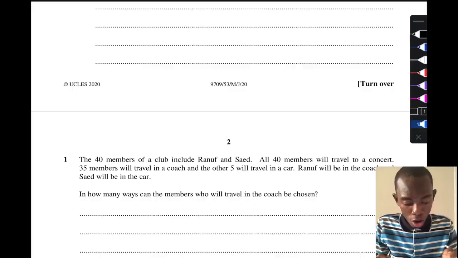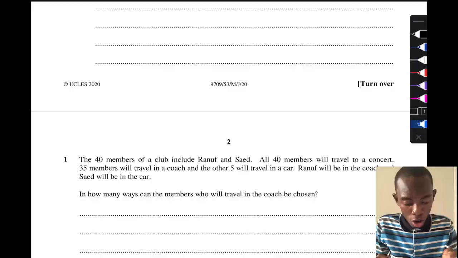Now we know that the success is 1/3, so the failure is 2 over 3. So we have 2 over 3 squared times 1 over 3, plus 2 over 3 to the third power times 1 over 3. Finally, 2 over 3 to the fourth power times 1 over 3.